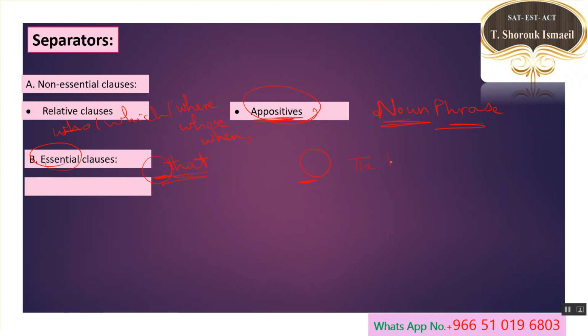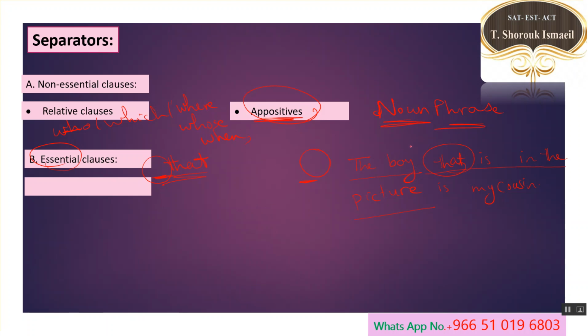Like when I say, the boy that is in the picture is my cousin. Let's have a look at this example. The boy that... if I just eliminate "that is in the picture," this will not be clear.